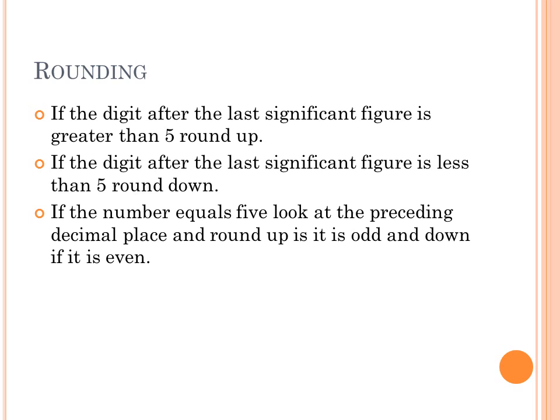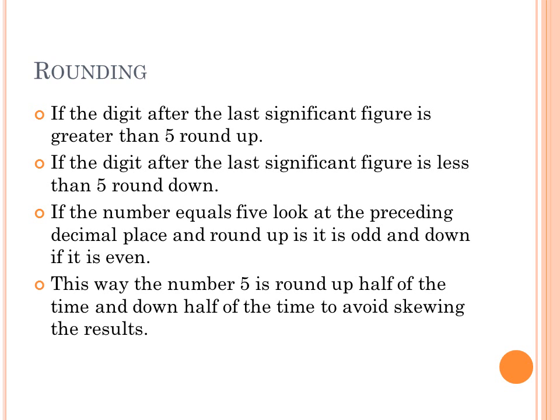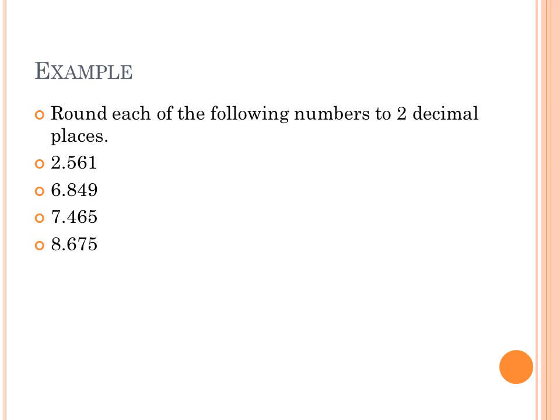So, what we're going to do is if it equals 5, we're going to round up if the number preceding that 5 is odd, and down if it's even. That way the 5 is rounded up half of the time and down half of the time to avoid skewing your results. So let's round each of these off to 2 decimal places to illustrate the rounding rules.